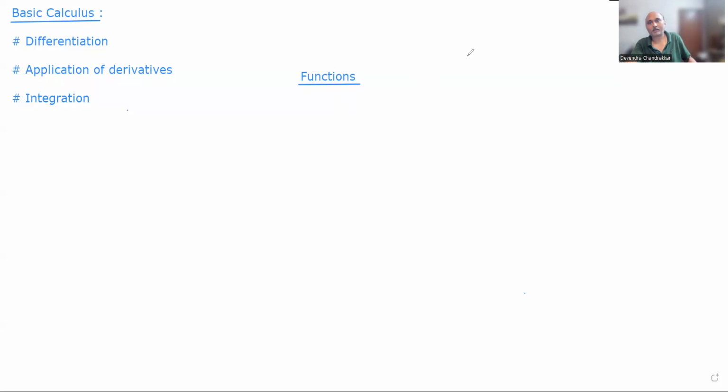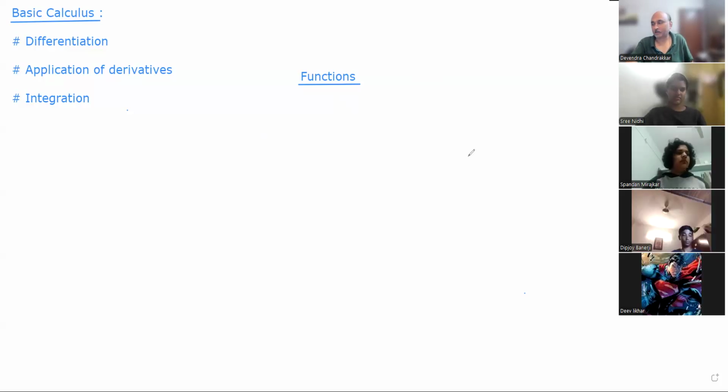What is function? So where a value of anything is defined. Okay. Spandan, any idea about function, beta? No idea.